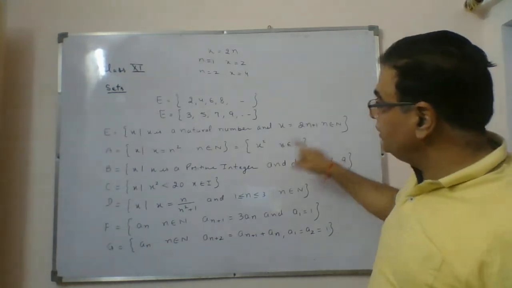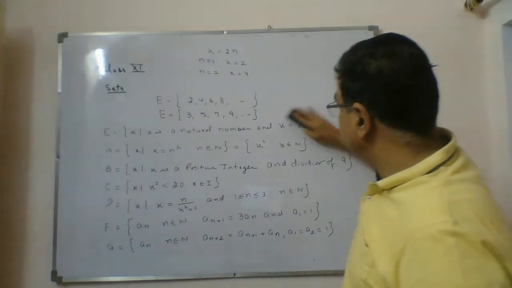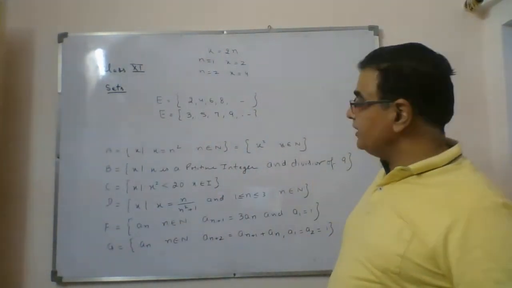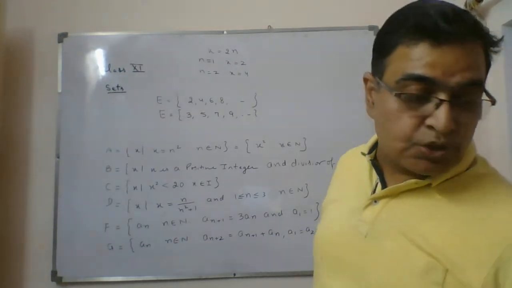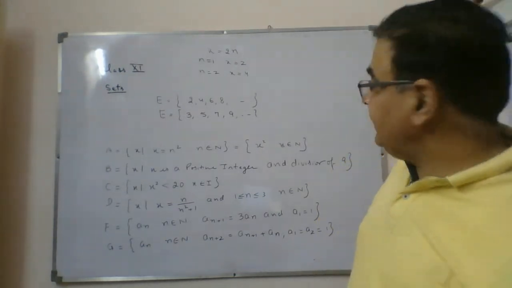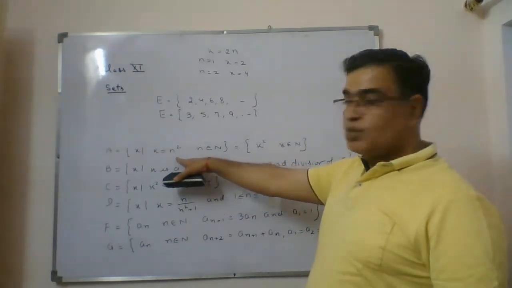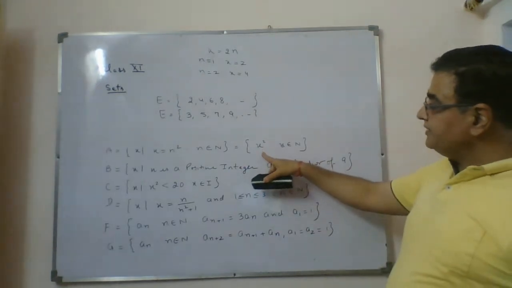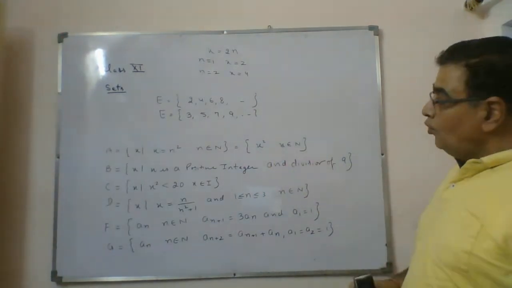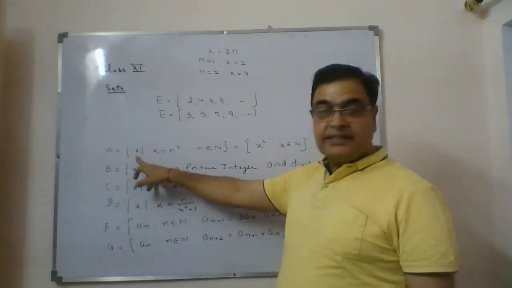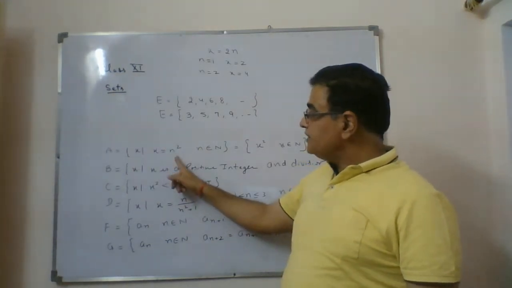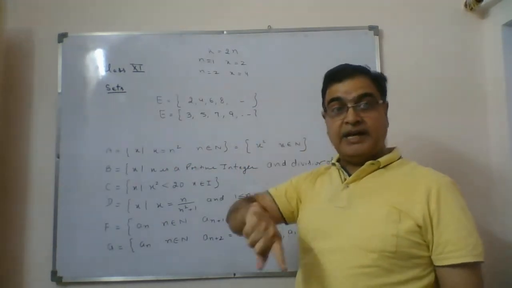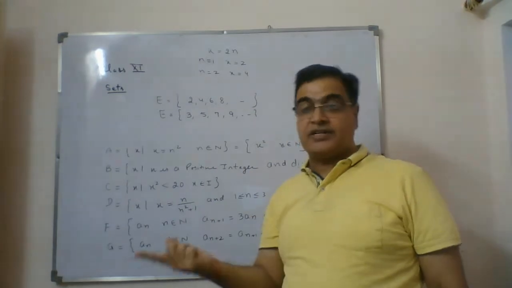Now we are coming to the second part. This question is complete now. The second says X where X is equal to n square, where n belongs to natural numbers. Or I can write X square where X is a natural number. What does that indicate? It says X is a natural number which is the square of some natural number, meaning all the natural numbers which are in the form of squares.